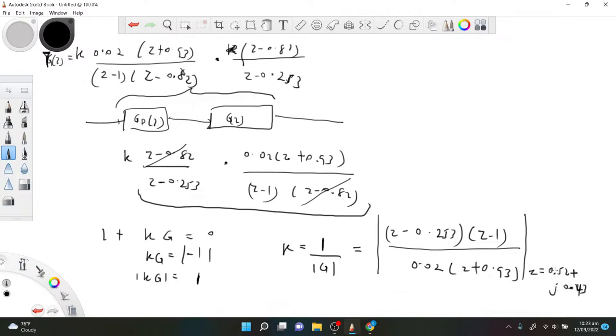Evaluate this at this Z, and that will give you K. And you get 10.75.